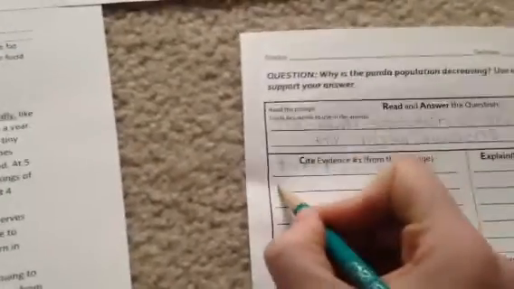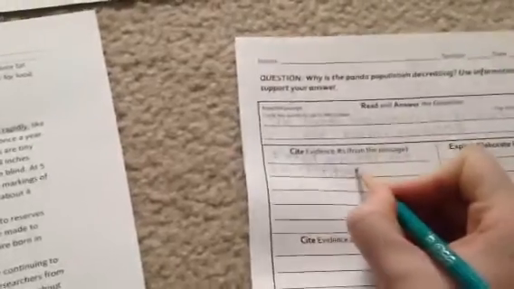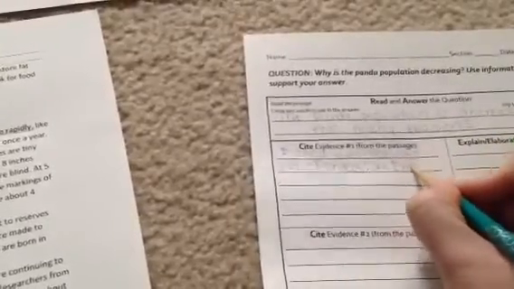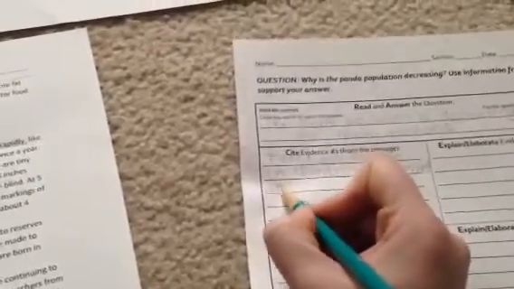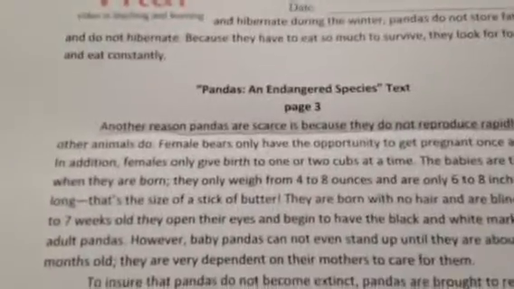So I'm going to use, based on the information in pandas and endangered species, it says, and then you are going to copy this line.